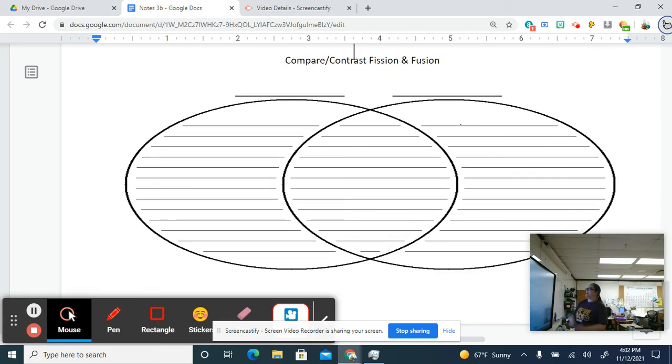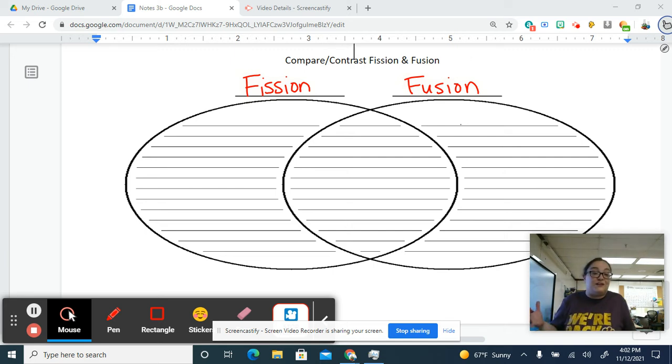All right, so we're going to compare and contrast fission and fusion. So we're going to put fission on this side and fusion on that side. Now, I do challenge you to pause this now and at least try to think of a couple of things on your own, but just in case, here we go. So what do they have in common? Lots of energy.